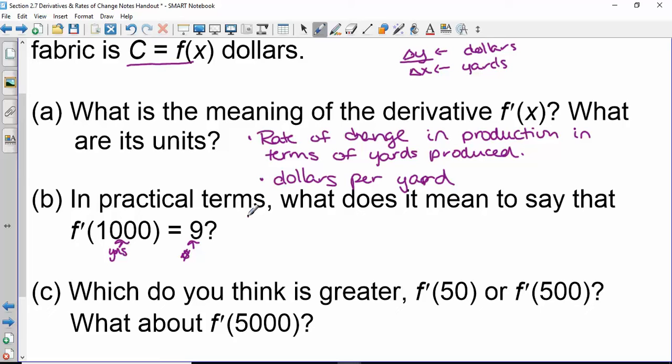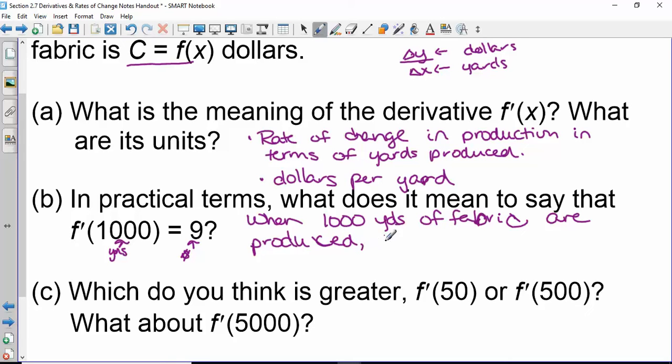So if we want to write out a sentence of what this means: when 1,000 yards of fabric are produced, cost is increasing, $9 per yard.